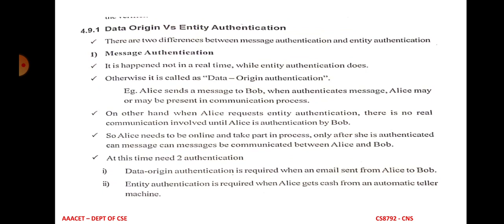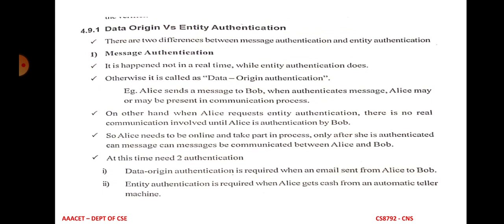Let us take the example. Alice sends a message to Bob, right? When authenticating a message, Alice may or may not be present in the communication process. This is data origin authentication because it is not done in real time. On the other hand, when Alice requests entity authentication, there is real time communication between Alice and Bob.